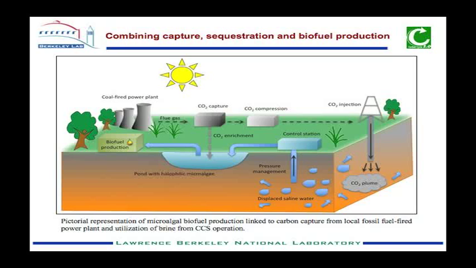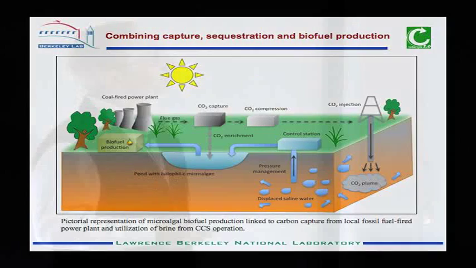This shows a coal-fired power plant, flue gas, taking that CO2 and putting it into a pond where you're growing microalgae and making biofuel. You're getting the water from the pond by pumping saline water out of an aquifer that you're pushing CO2 into so that the pressure doesn't go up.